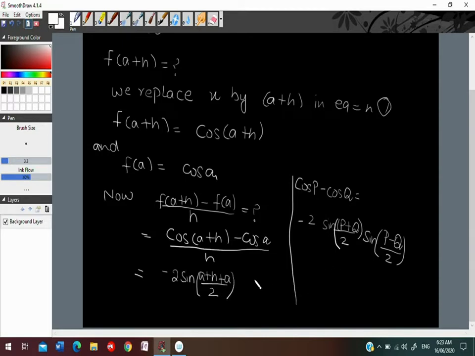And sine of a plus h minus a divided by 2, whole divided by h. a plus h is the value of p and a is the value of q. So similarly, we have changed this equation according to our formula.